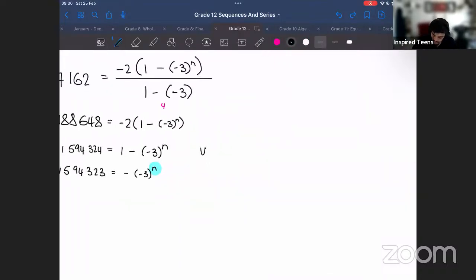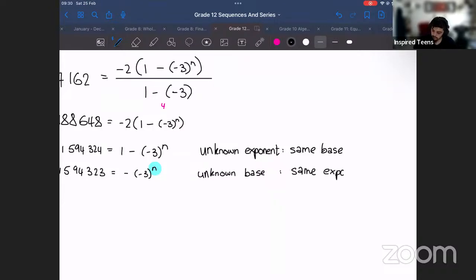So if it's an unknown exponent, same base. That's basically what you want to do. Unknown base, you want to express both sides of the equation with the same exponent. Okay, I'm going to write that long story out now.